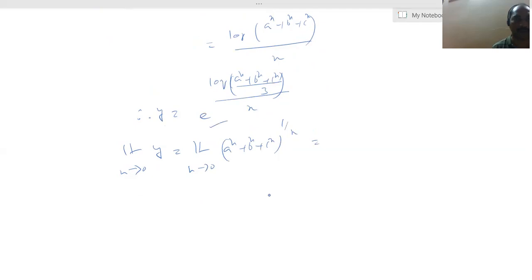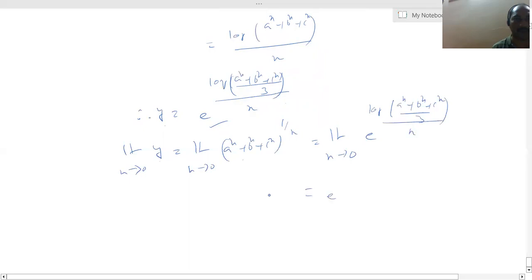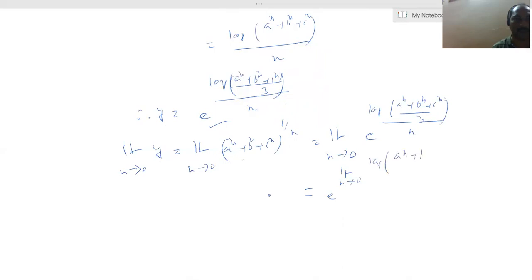This y value is the same as another expression. Y has two expressions. We start from y equal to this expression and finally get the y value in terms of exponential. That means both have the same form. Both are equal. E power log of (a power x plus b power x plus c power x by 3) by x. Substitute the limit. Limit x tends to 0 of log of (a power x plus b power x plus c power x by 3) by x.